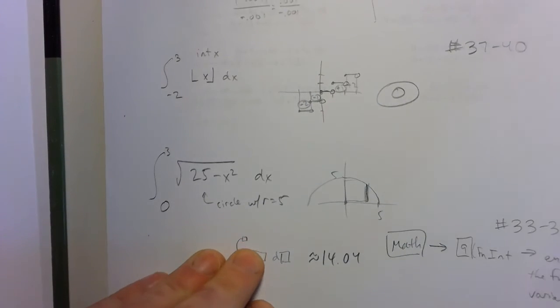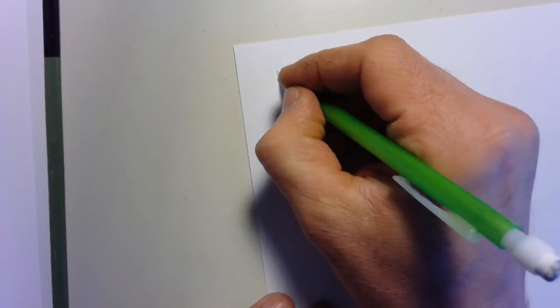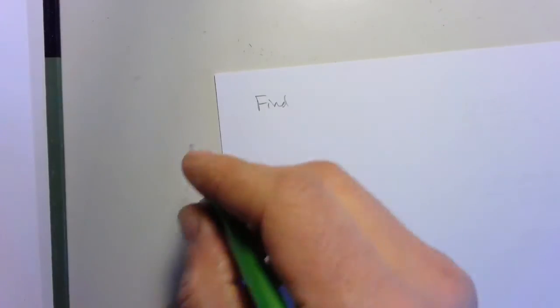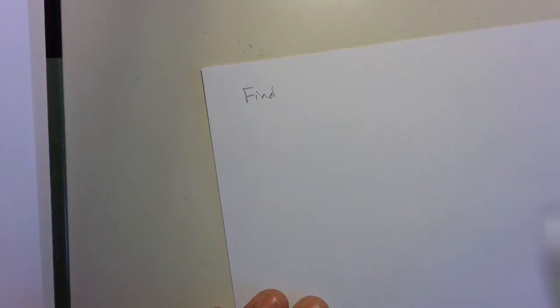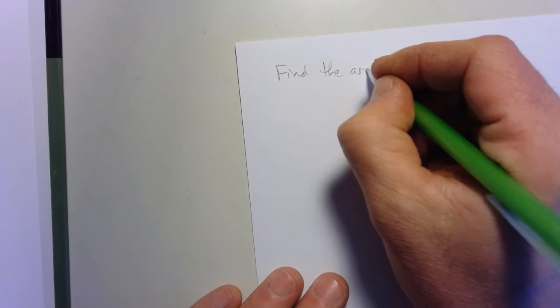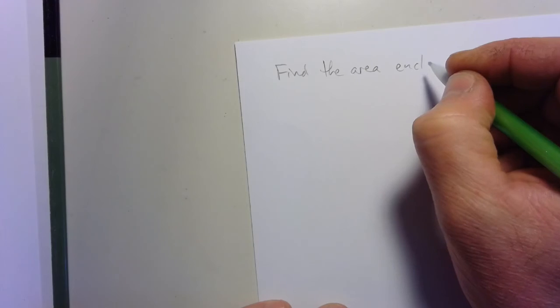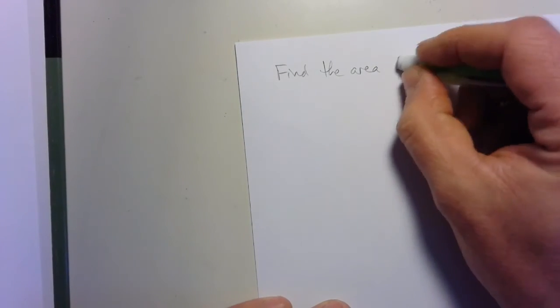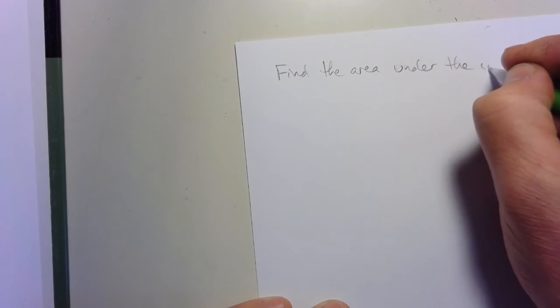Other things you're going to be asked to do. You might have a question like this. Sorry, this is not just 33 through 35, this is 33 through, actually. So find the area under the curve.